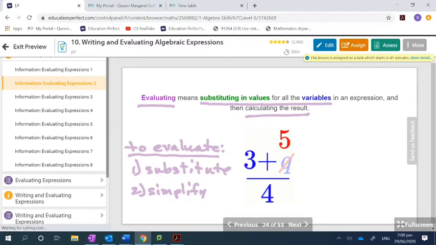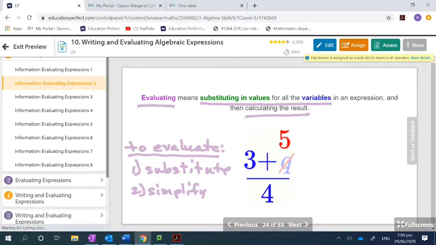Okay? All right. To evaluate means substitute and then simplify. So you'll see in their example, they're replacing the q with the 5, right?